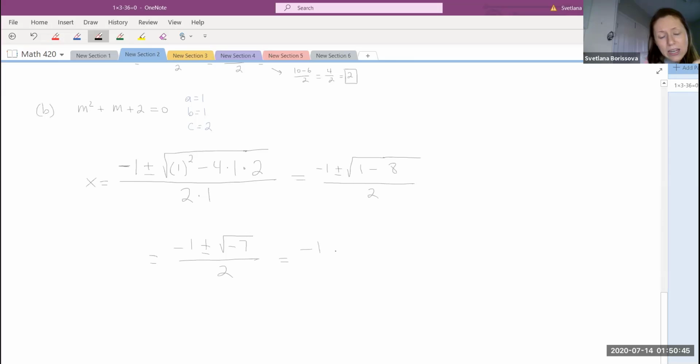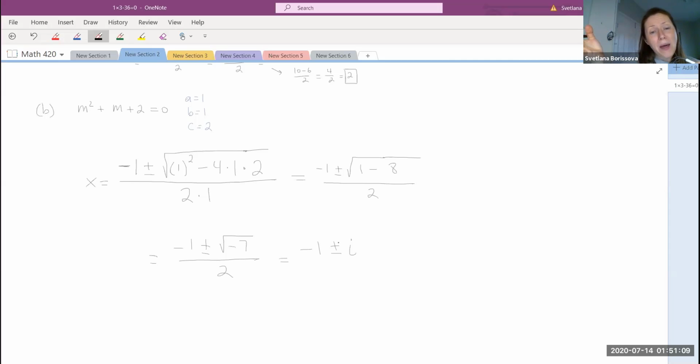So negative 1 stays like that, plus or minus. Now that negative, I'm going to pull out of that radical sign, and it will appear as i, the imaginary unit, outside of the radical. And now I only have 7 left. Well, can I split up 7 in any convenient way?